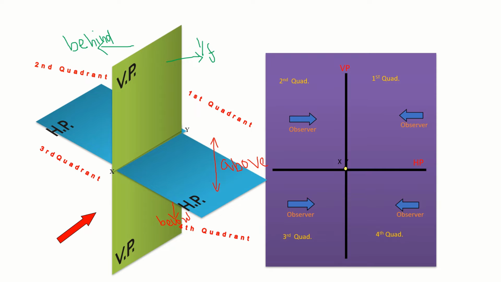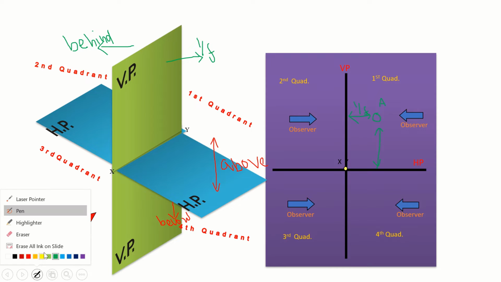So now we have four different situations. If a point is in the first quadrant, we name it point A, which is above HP and in front of VP. This is how we denote a point in the first quadrant.